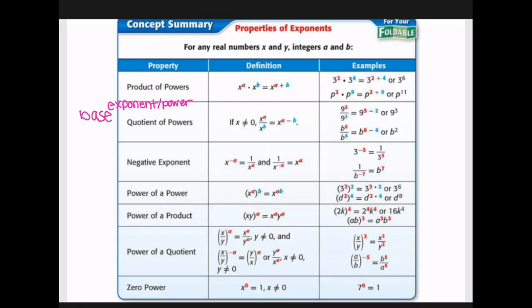So a product of powers says that if you multiply two like bases together, you add their exponents together. The quotient of powers says that if you have two like bases and you're dividing them, then you subtract their powers.